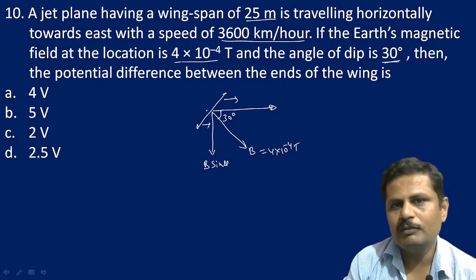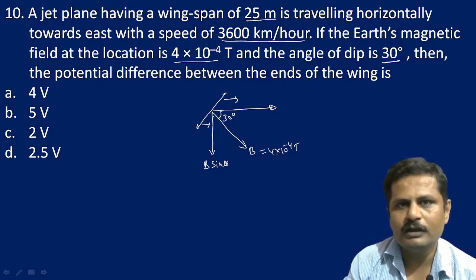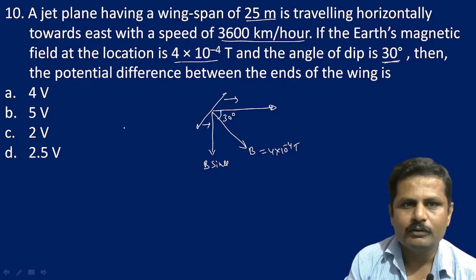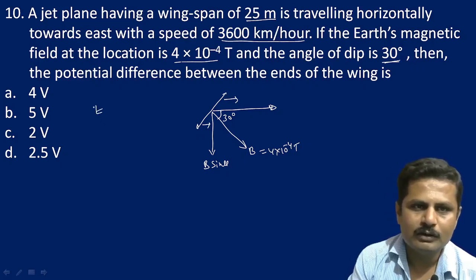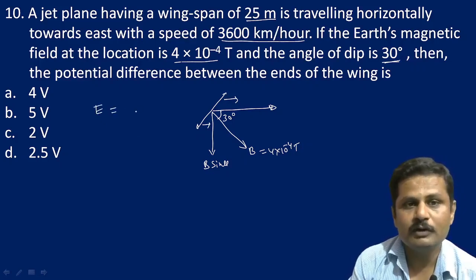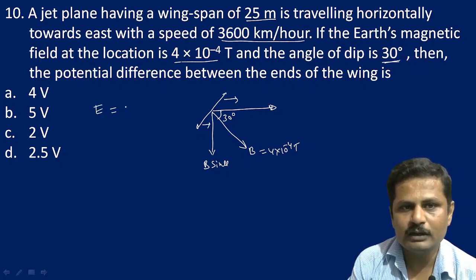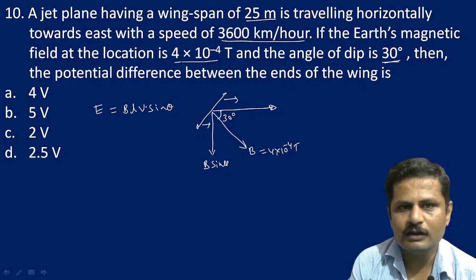So EMF will be induced in the wings of the jet plane. The induced EMF is the motional EMF, given by the equation BLV sin theta. B sin theta is the vertical component of the magnetic field, L is the length of the wing span and V is the velocity of the jet.